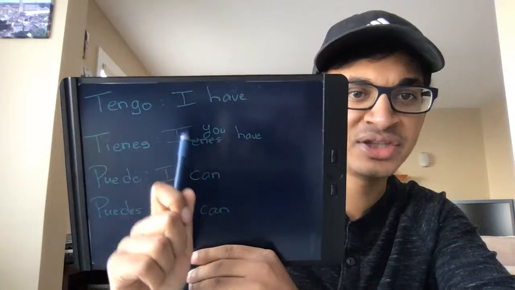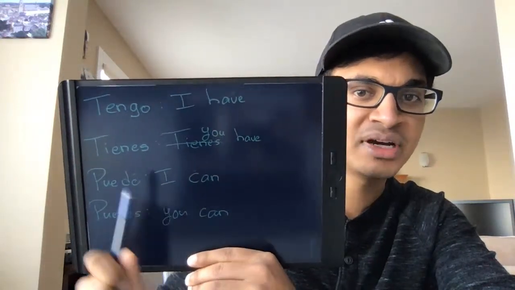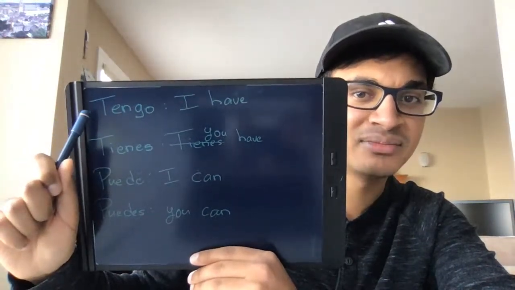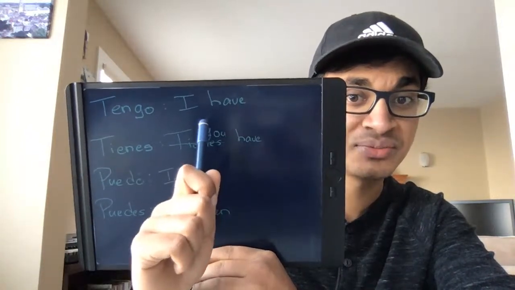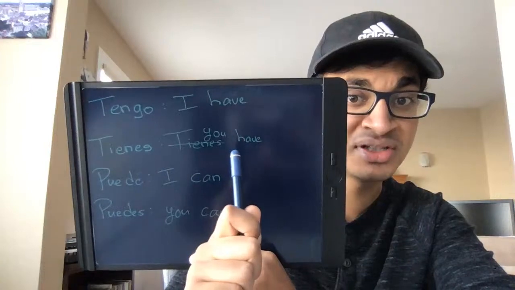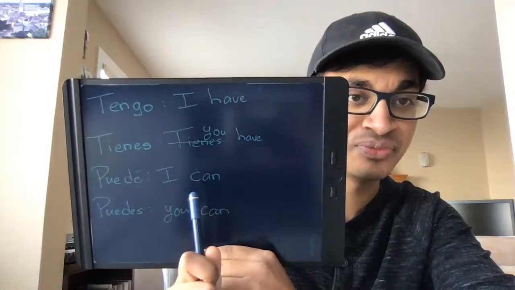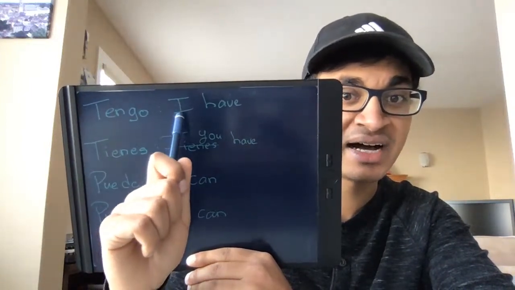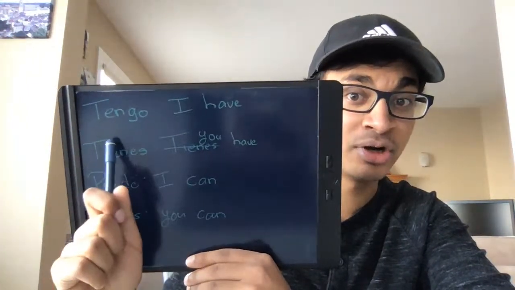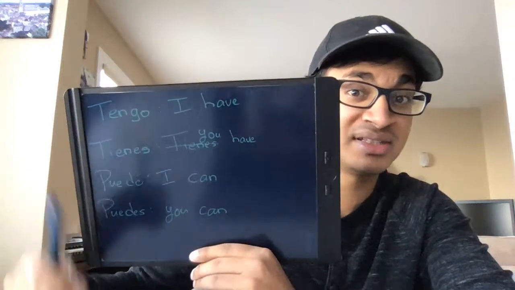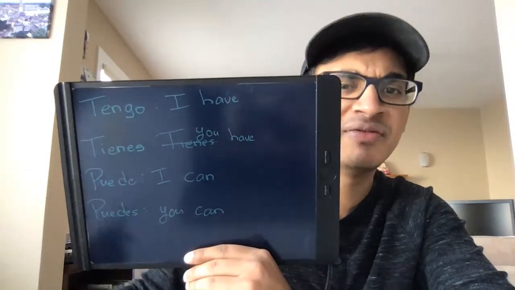I don't have to say I have. This one word represents two words in English. In English, we always have to say I, we always have to say you. Spanish, they don't have to. They can just have one word that incorporates the you inside. We're going to revisit that in the future, but that is something I wanted to plant a seed about right now so that you have it.